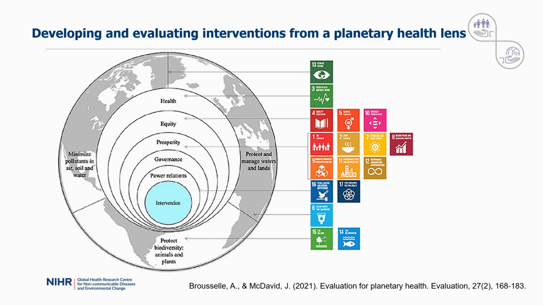Now, not all interventions may incorporate all of these factors, but this provides a thorough guideline and a set of questions that you can consult when developing and evaluating interventions.